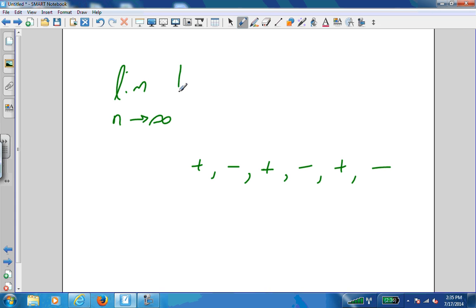If the limit of the absolute value of that sequence is 0, then the limit of that sequence without the absolute value is 0.